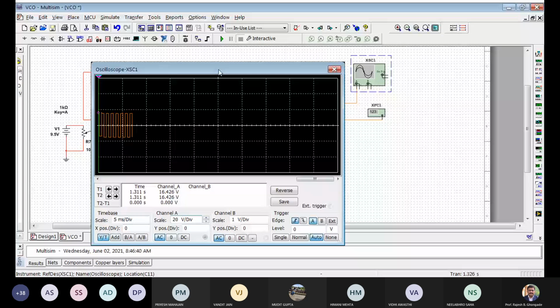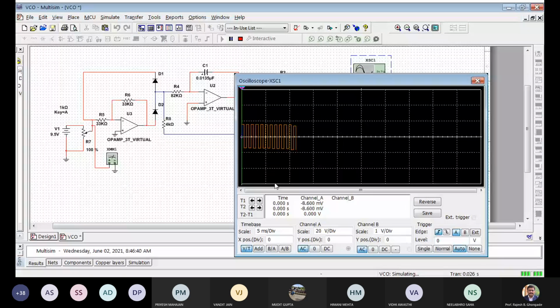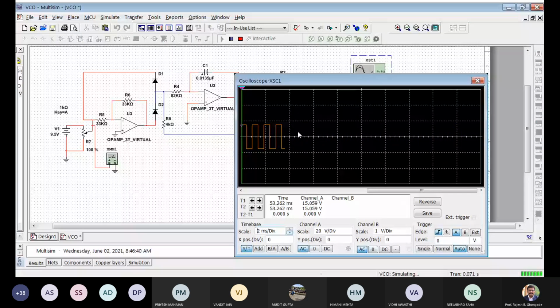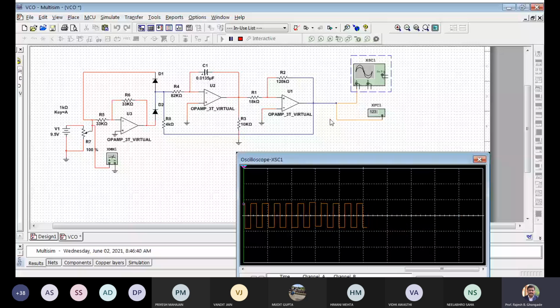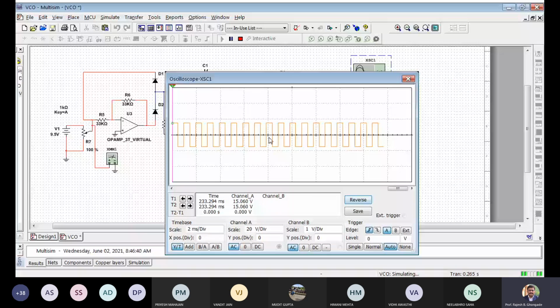So this is the output. Remember, the output that I'm taking is VO2. You can see that if I change the bias value, that is what happens.